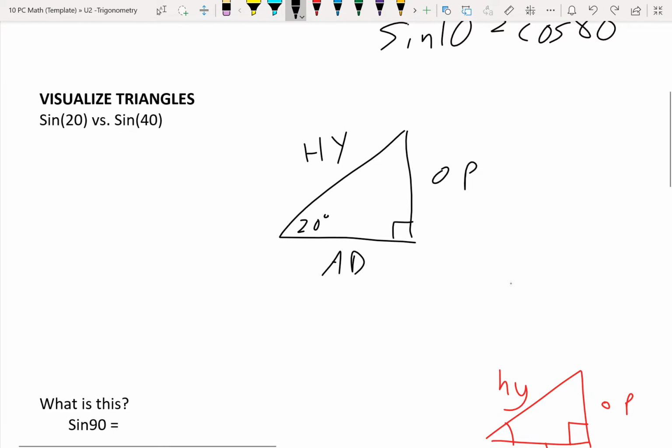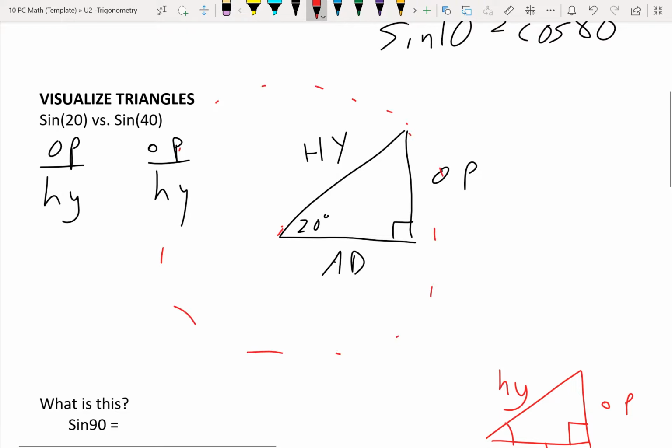So with that in mind, if we have sine 20, which we know is opposite over hypotenuse, and then we have sine 40, which is also opposite over hypotenuse, it would be easier to draw the circle. Okay? Sine 40 would be like that.